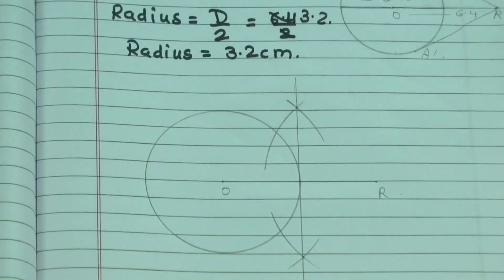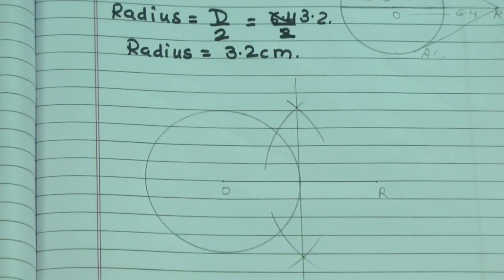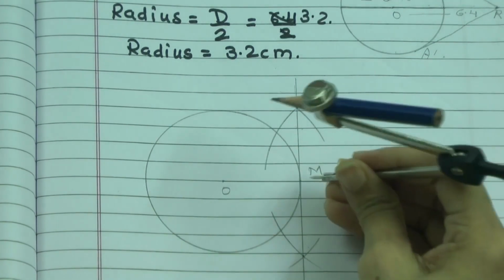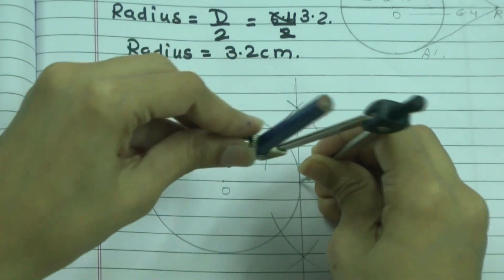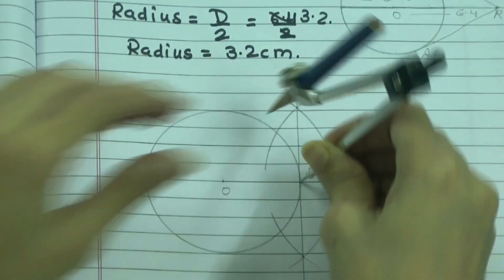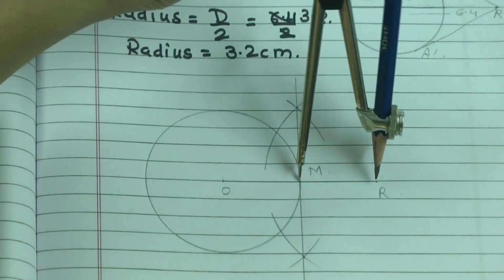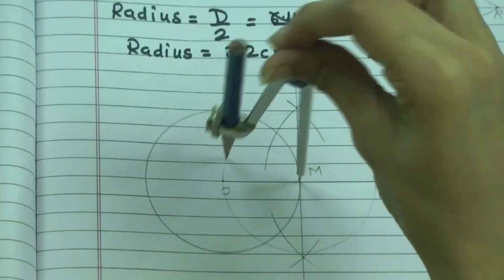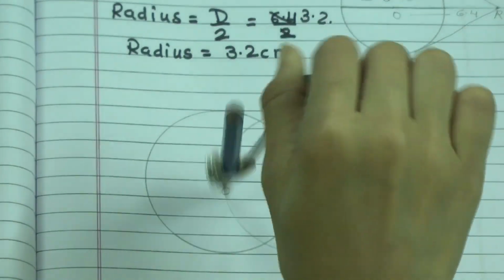Now as usual we will keep our pointer at M, label it as M. Adjust the compass in such a way that your circle should pass through O and R. Draw the circle. Yes, we got the circle.